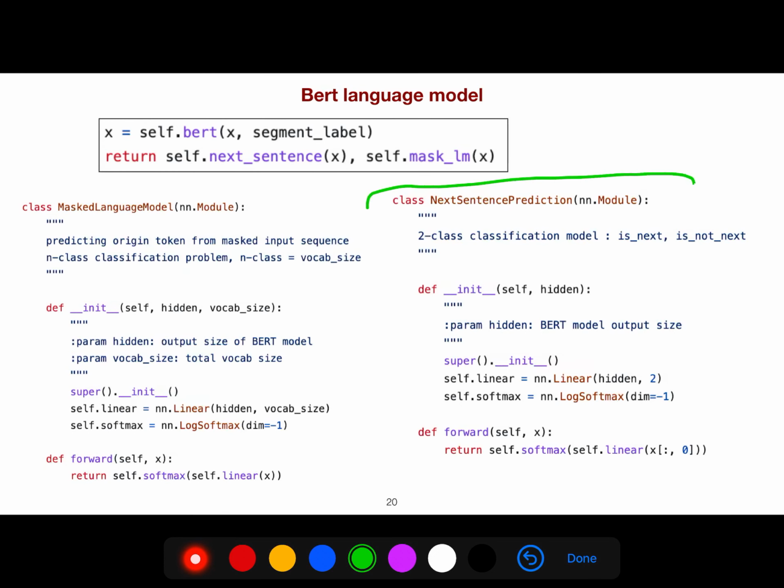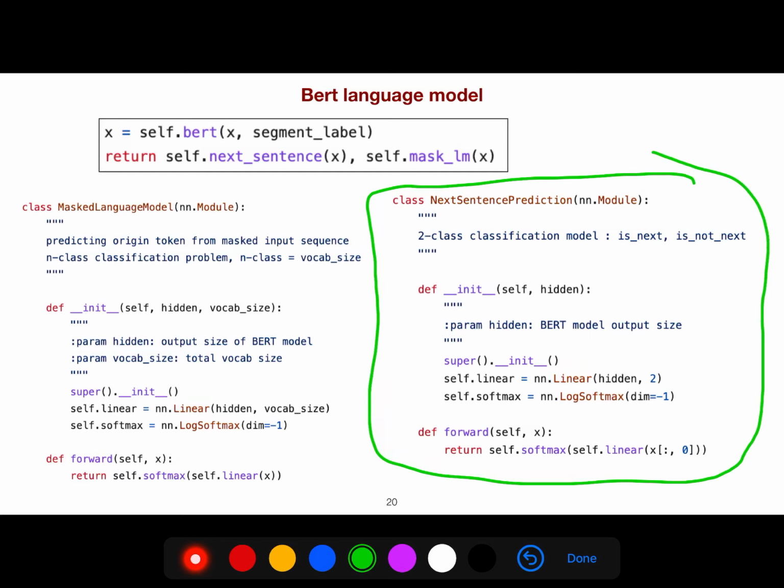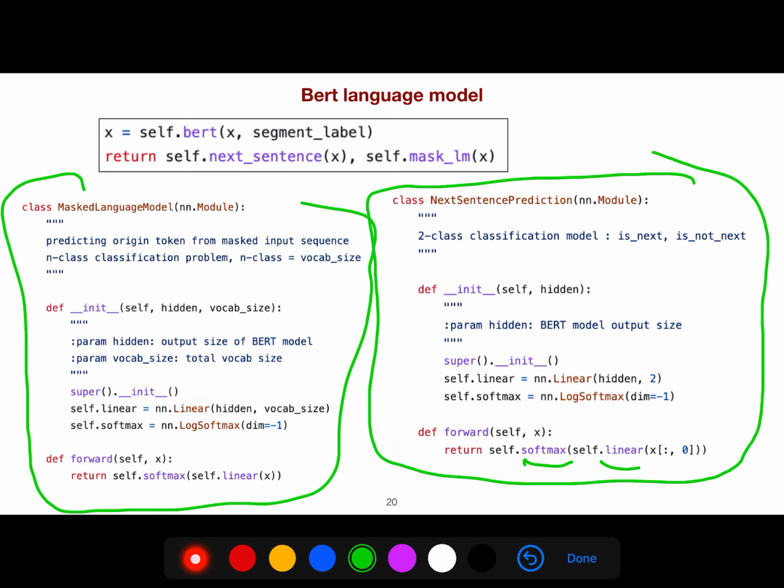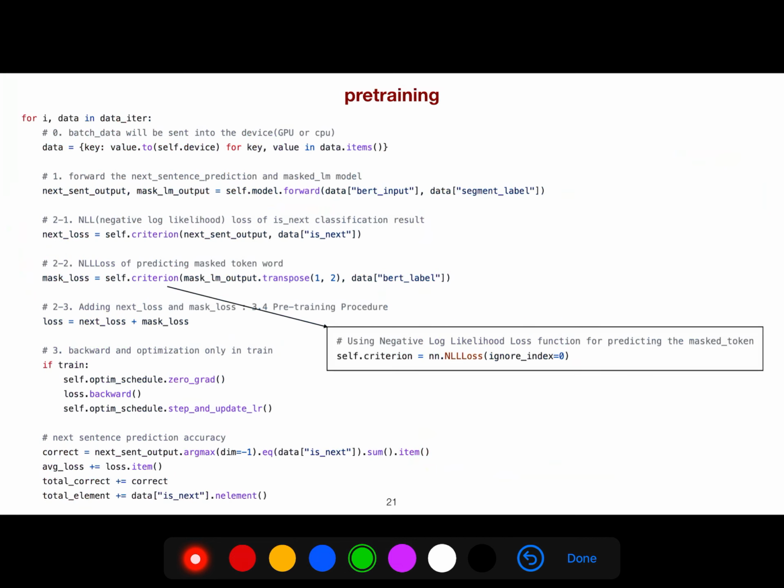This is the implementation of next sentence prediction. It's just a softmax of a linear layer. The implementation of masked language model is also just a softmax of a linear layer, because everything is in x. You will see how you can connect these things.